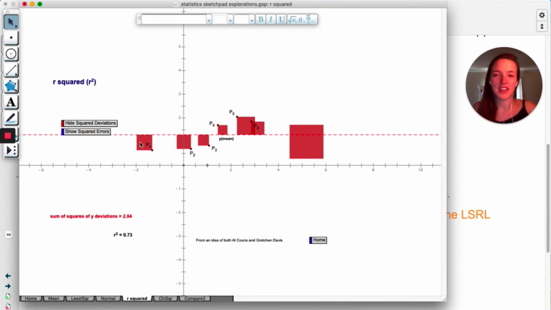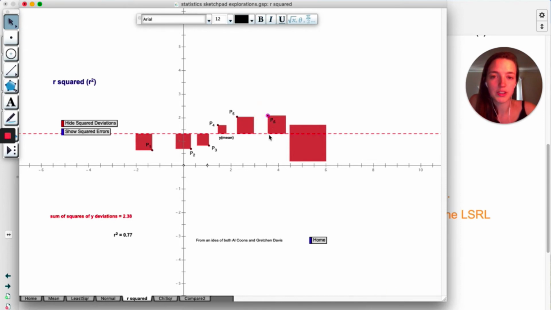This dotted line going across your screen is the mean of Y. You'll remember in the GPA example, the counselor who didn't have time just used the mean IQ as his guess. So here's just the mean of Y, and you can see for each point, the residual is drawn, so the vertical distance from the point to the line, and then that residual is squared. And when we're squaring the residual, we are literally just making a square out of it.